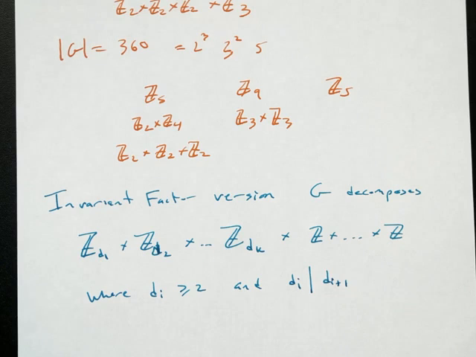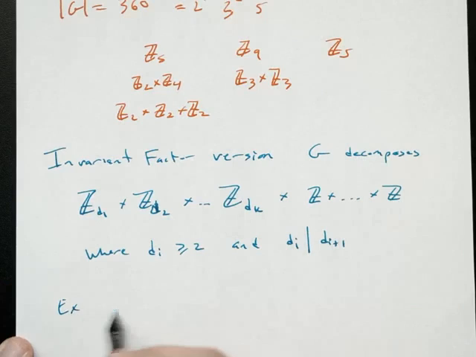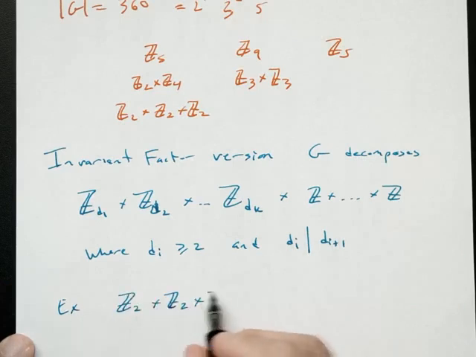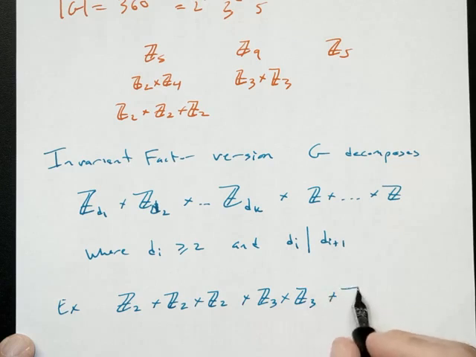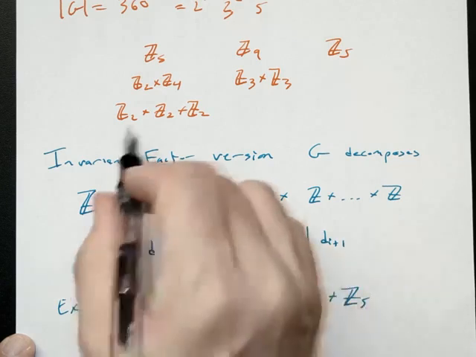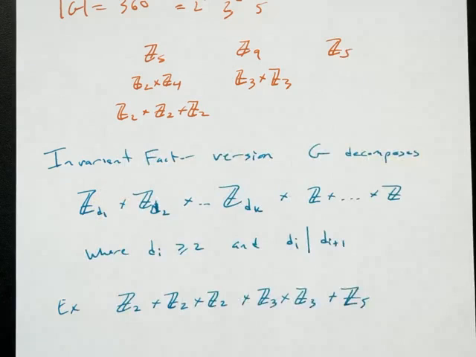Let's consider for a moment one of the options from up there. Let's look at Z2 by Z2 by Z2 by Z3 by Z3 by Z5. So I've taken the bottom option on each of these.